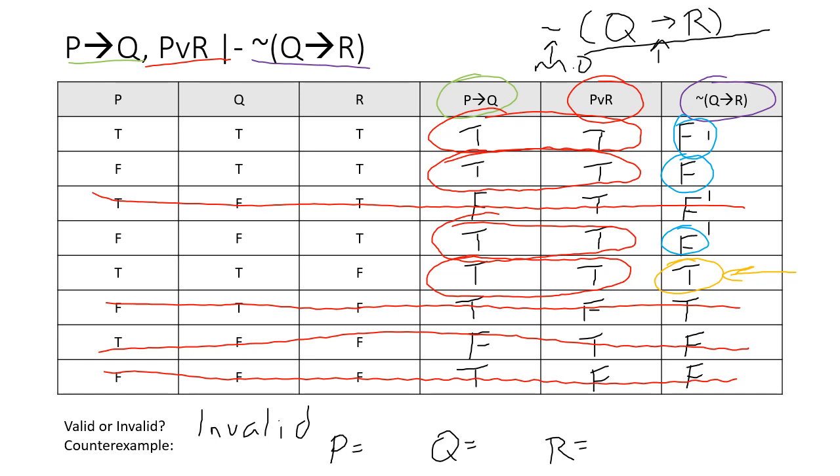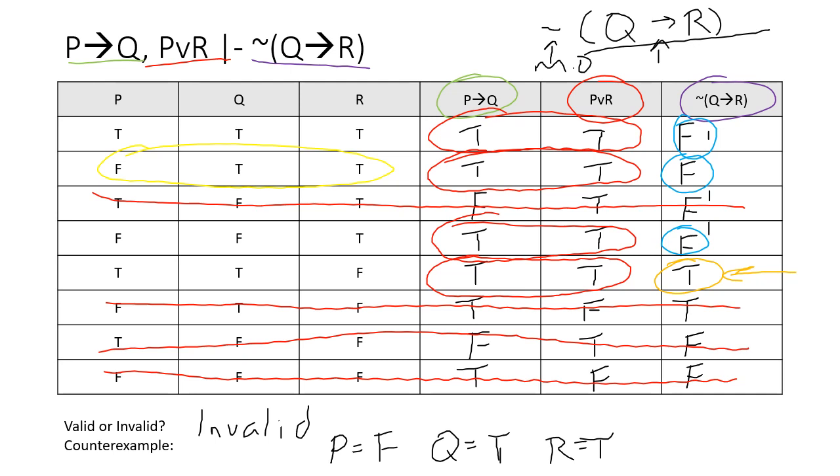What you'll do for a counterexample is you can list any one of these. So if you want, you can list all of them as true, or these such that it's false, true, true.